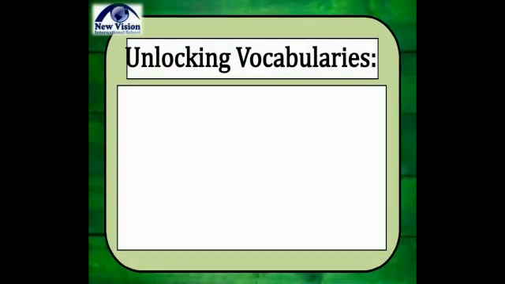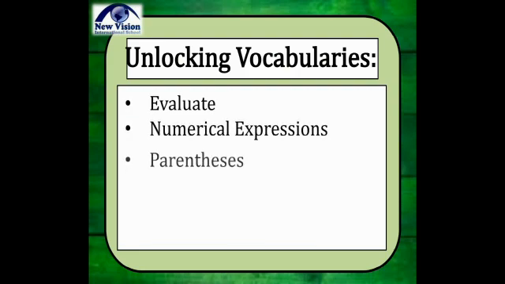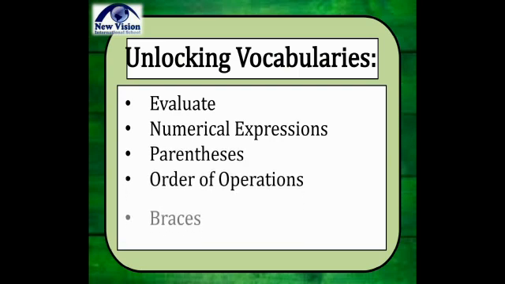Before we start our lesson, let us unlock the vocabulary terms that will be very helpful for you to understand today's lesson. We have evaluate, numerical expressions, parentheses, order of operations, braces, and brackets.